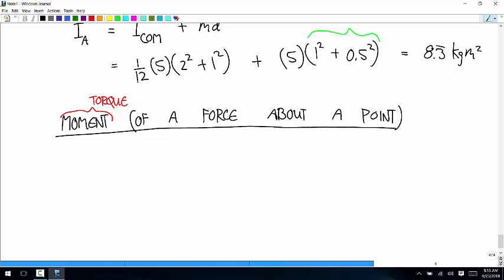Engineers tend to use the word torque as being a very specific application of moments. So, if you want to be an engineer, call it a moment. If you want to be a physicist, you can call it a torque too. You don't have to decide now.